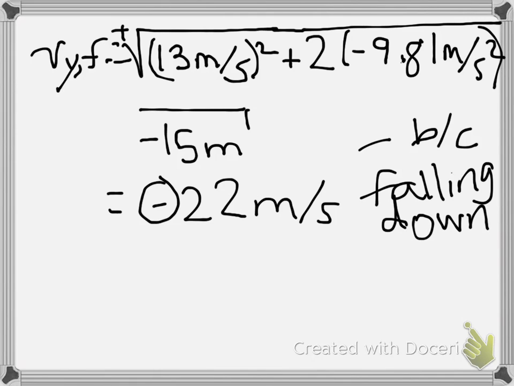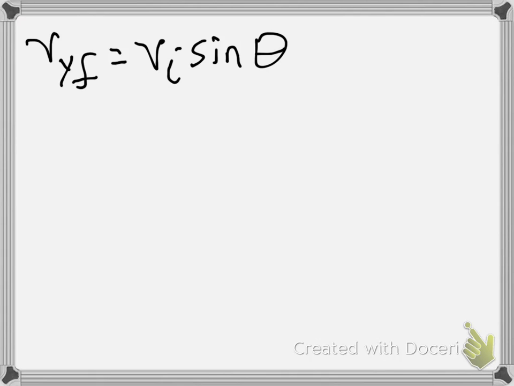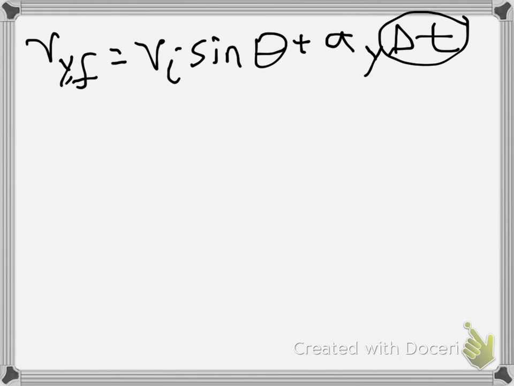So now that I have my final velocity, I can use this equation: Vyf equals Vi sine of theta plus ay delta t. I have to solve for delta t. Most of you prefer to plug first, right?